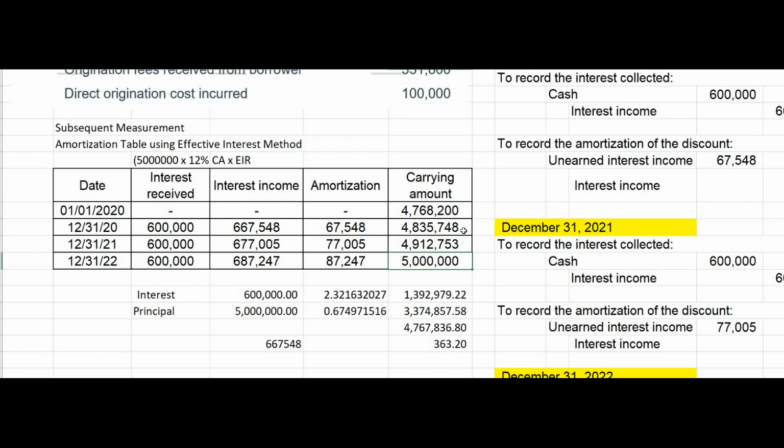4,835,748. So, that 4,835,748, we multiply again by the effective interest rate, which is 14%. So, we got 677,005. Again, that is 4,835,748 times 14%.